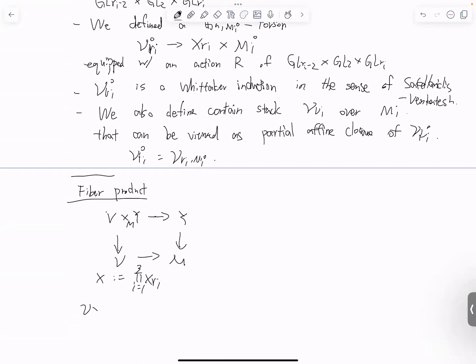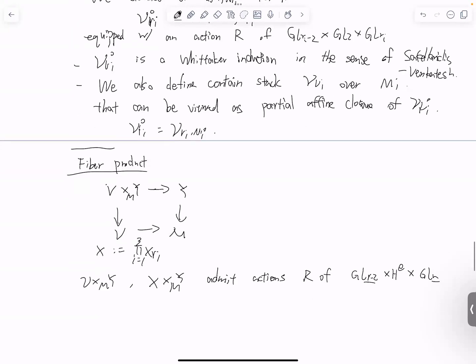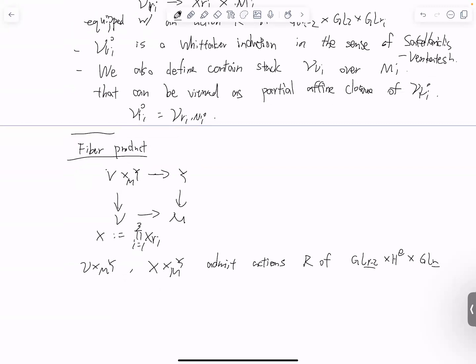So both V cross Y and X cross Y over M admit actions of GL(R minus 2) underline, the 3 copies, cross HE cross GL R, where HE is the extension. And then we have an equivariant map with respect to this action from V cross Y to X cross Y.